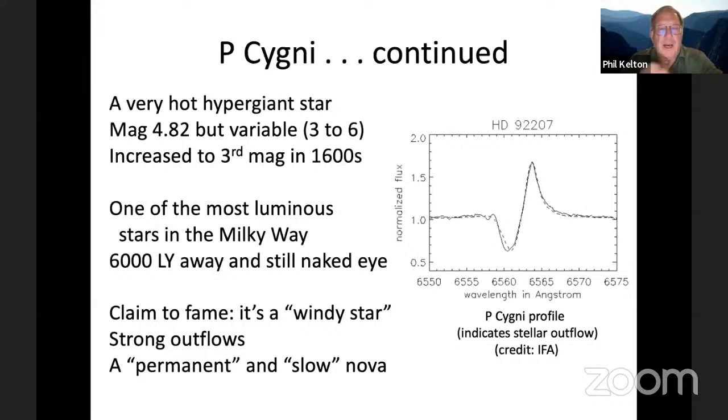It has this strong outflow or stellar wind, similar to the sun's solar wind, but much stronger. And effectively, it's a permanent or slow nova expelling material. On the right is a thing called the P Cygni profile.